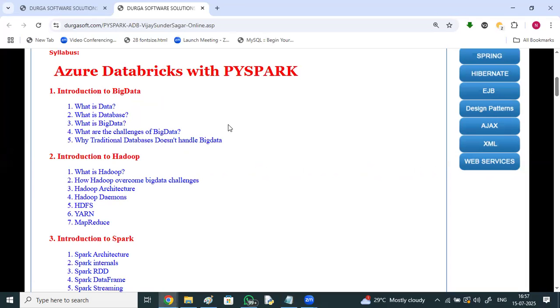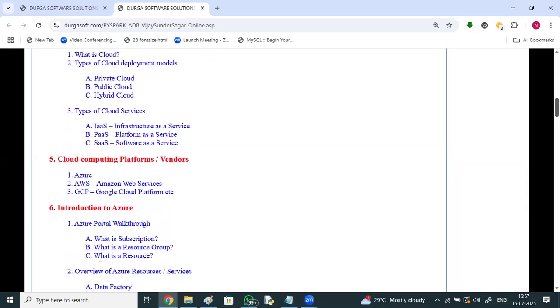Azure Databricks. Before I go with this, I'll be giving some knowledge on big data, Hadoop, Spark, cloud computing, right?